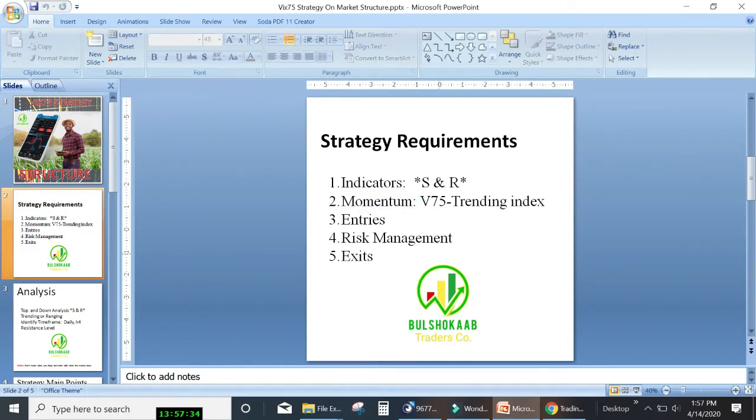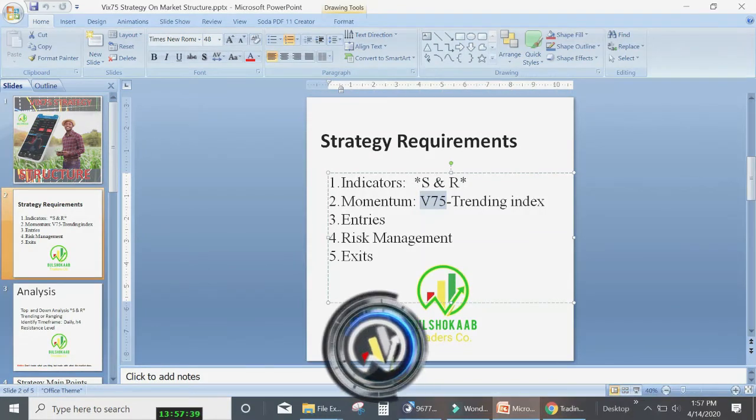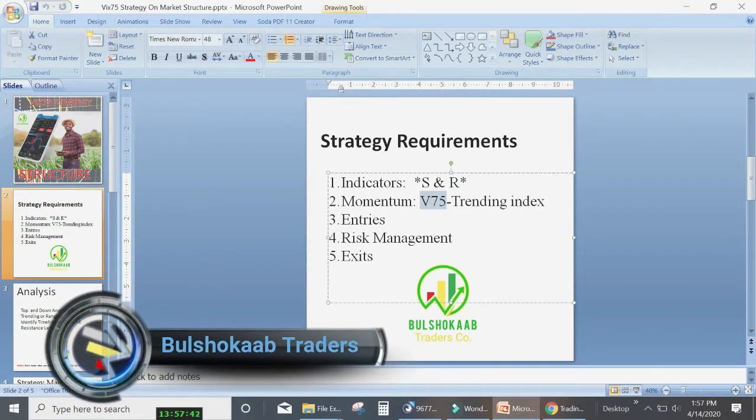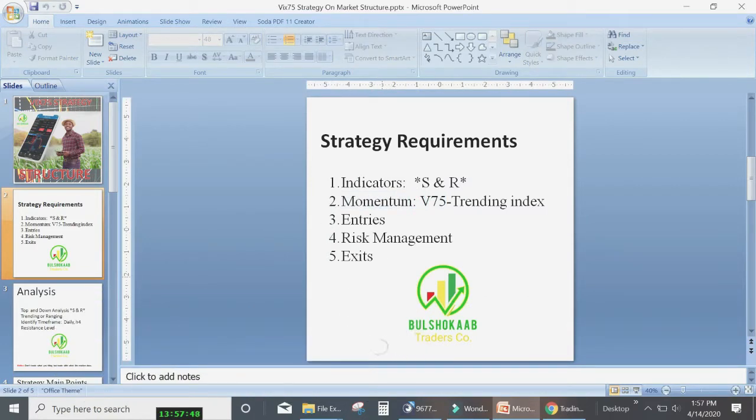Whenever we want to trade the market, for example VIX 75, one of the basic volatilities of all volatilities on binary.com, the momentum always respects your analysis, because there is nothing opposite that can make your prediction wrong.